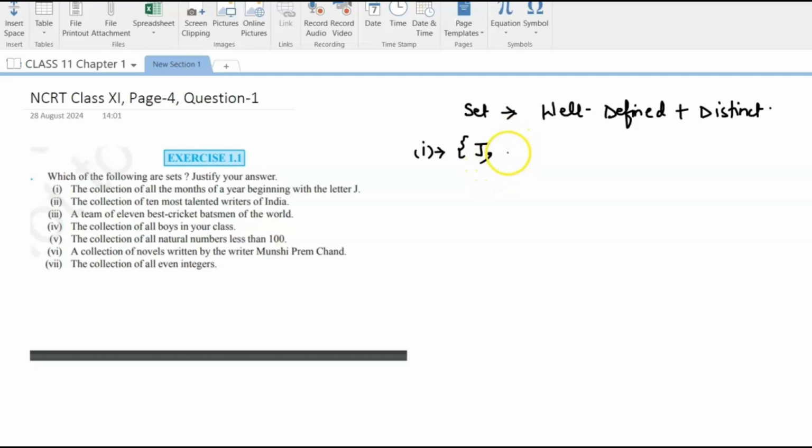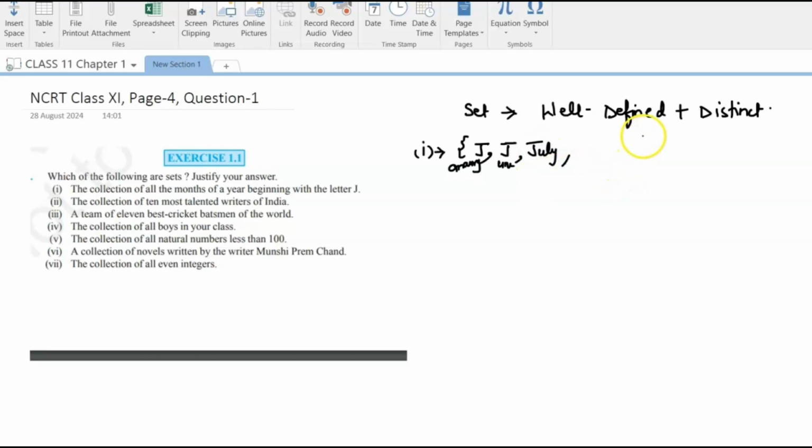April, it does not belong. May, it does not belong. June, it belongs to the set, because it starts with the letter J. July, again, there is no confusion, it belongs to the set. So this is January, then June, and then July.